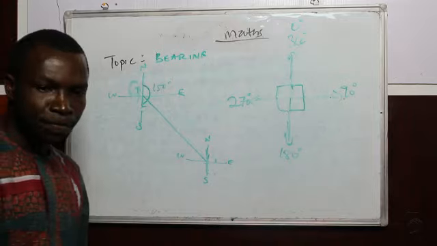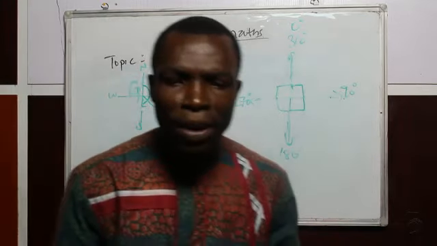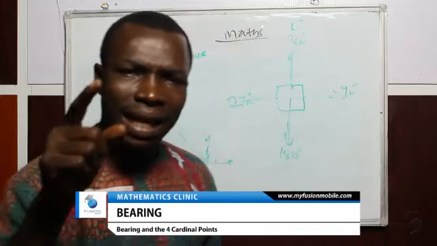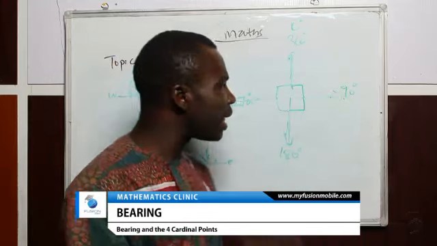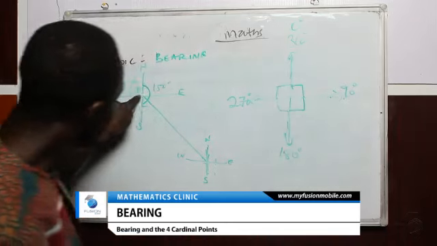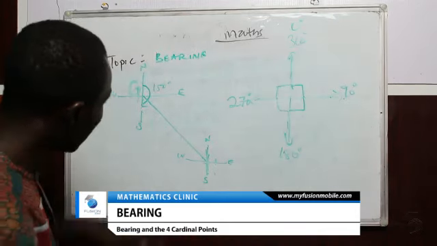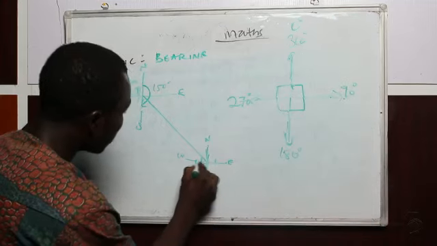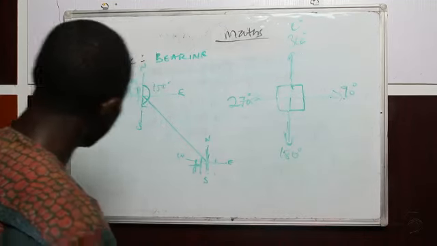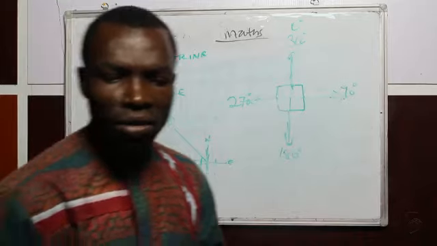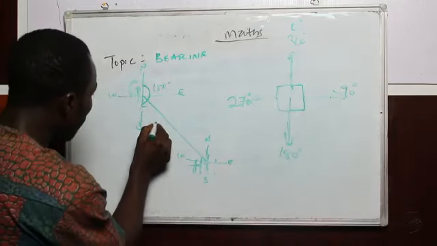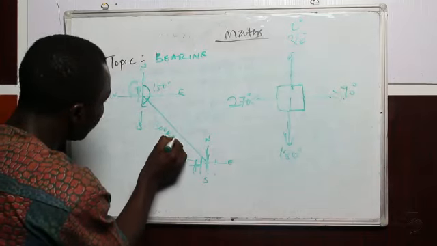On a bearing of 150 degrees, the distance between G and H is 300 kilometers. We put our 300 kilometers here.